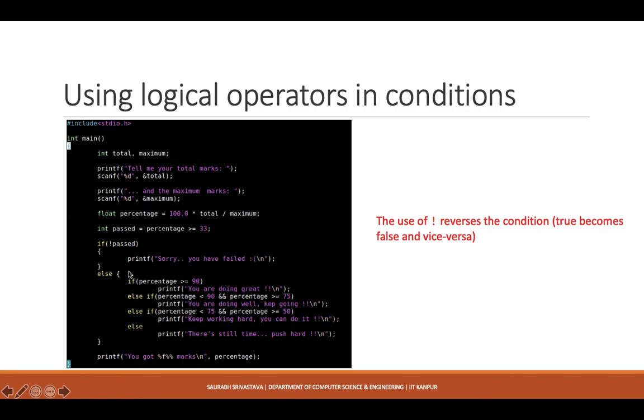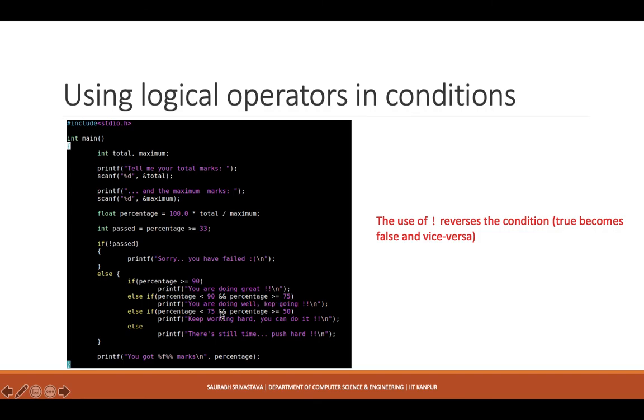Else, now there are these nested ifs. So within else I have some nested ifs. Nesting is basically the idea where I use the same construct within the same construct. So this is called nesting. Then I have written these if else if ladders, and here you can see that I am doing something like this: percentage is less than 90 and percentage is greater than equal to 75.